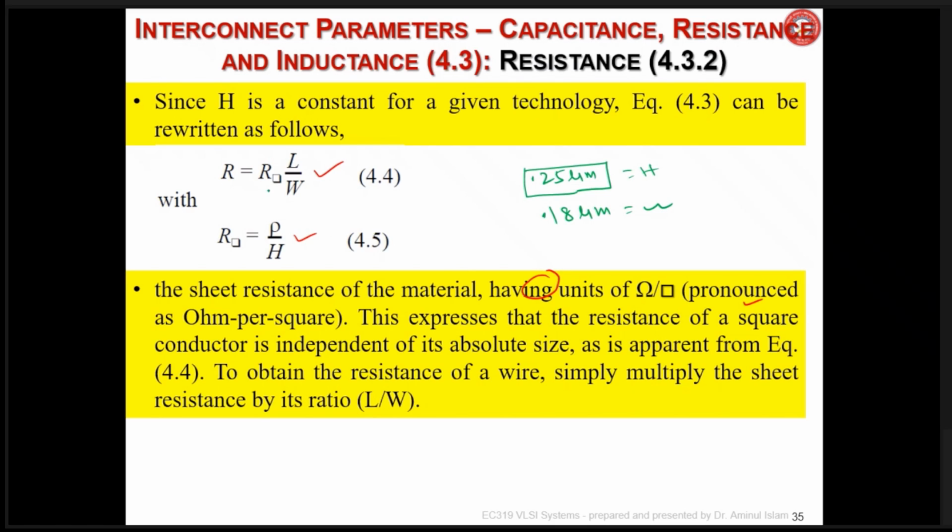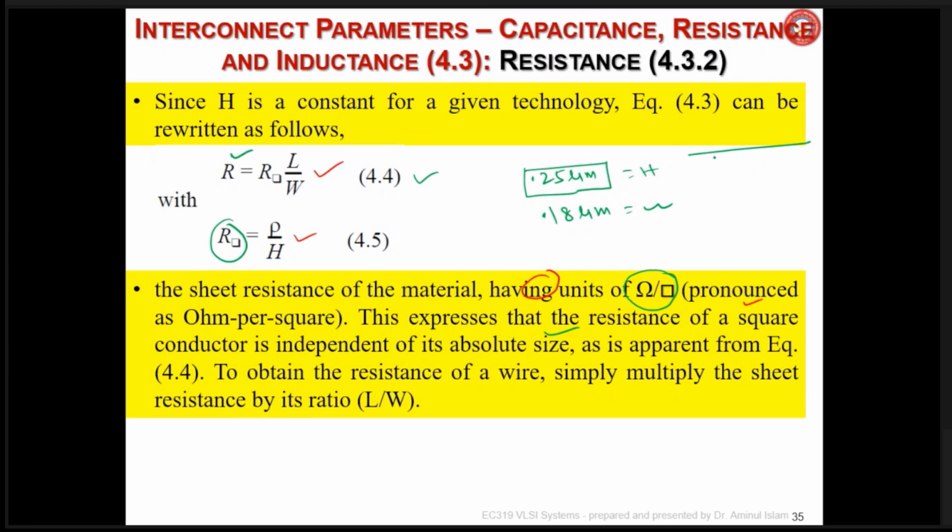So we can write R equals R square into L by W, where R square equals rho by H is the sheet resistance of the material, in ohm per square. This expresses that the resistance of a square conductor is independent of its absolute size, as is apparent from equation 4.4. To obtain the resistance of a wire, simply multiply the sheet resistance by its ratio L by W.